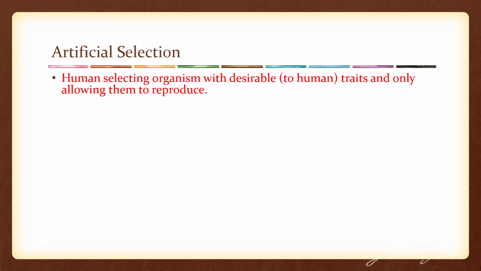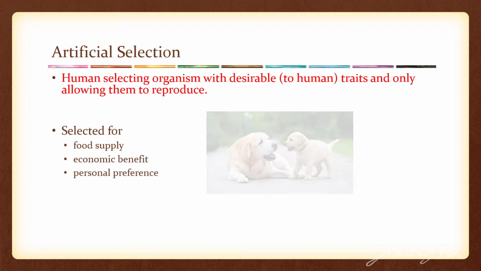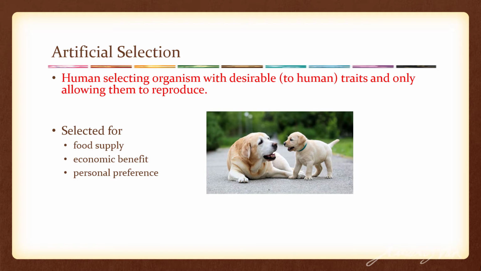So human will be selecting organism with traits that are desirable to them and only allowing them to reproduce. Something like eugenics. And the criteria could be the amount of food that they can produce. It can be for some economic benefit, or it could be just down to the personal preference of the breeder that is doing the selection.